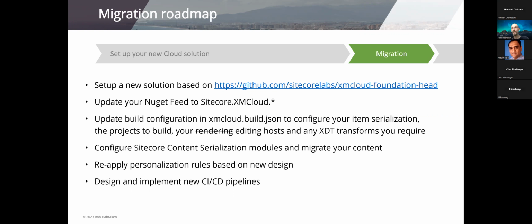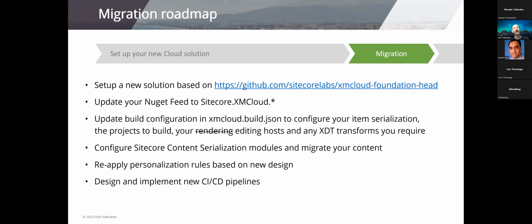Configure your item serialization and configure your rendering, or I should say maybe editing hosts, because your real rendering host is going to run outside of Sitecore, and maybe any XCT transforms you require.